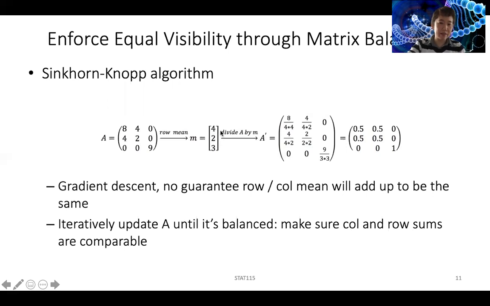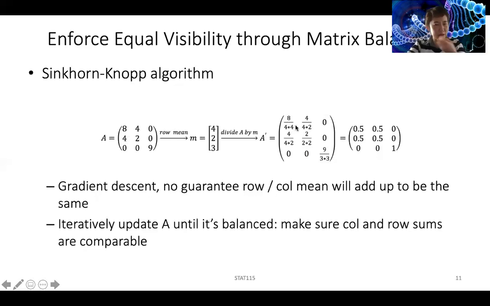divide all the numbers in the first row by the mean of this row, right? And the second row, all the numbers you can divide by the mean of the second row. So just to make sure that the interactions you see are reasonable. And so by the way, the first number 8 is actually being divided by the mean of the first row and the column, sorry, the mean of the first column.